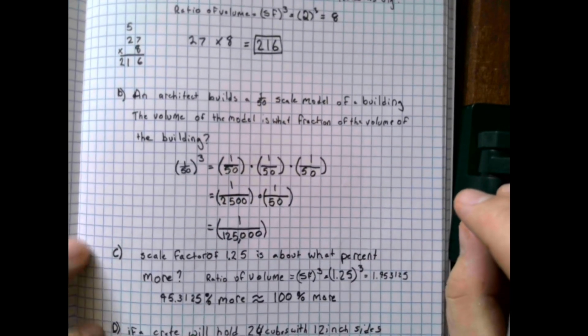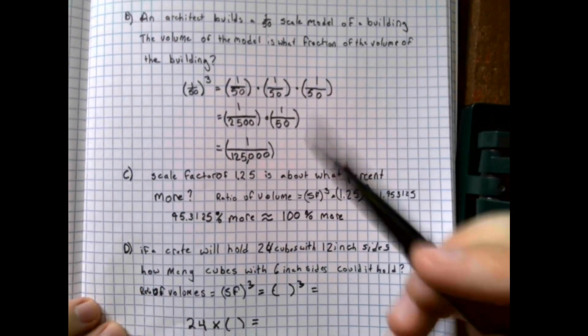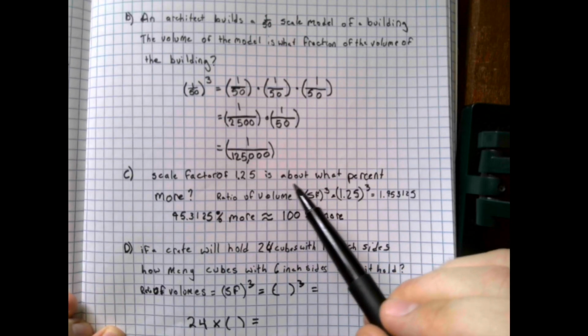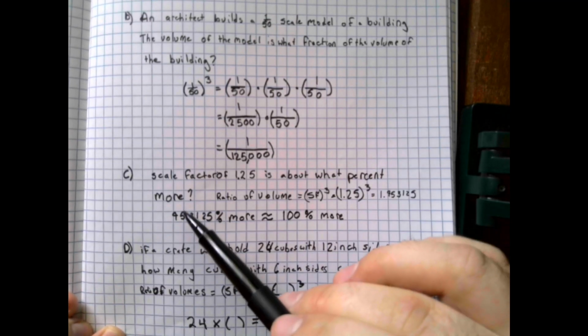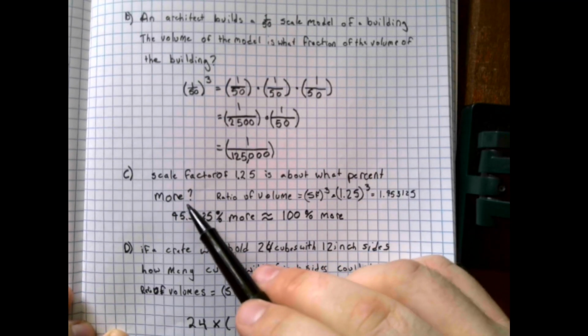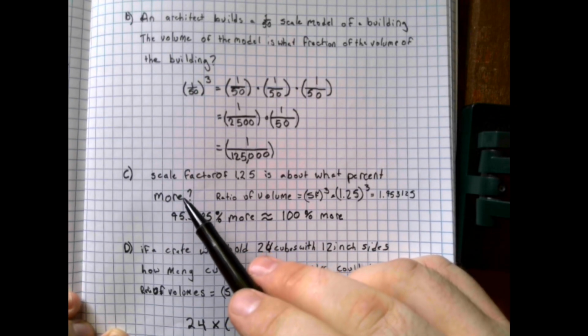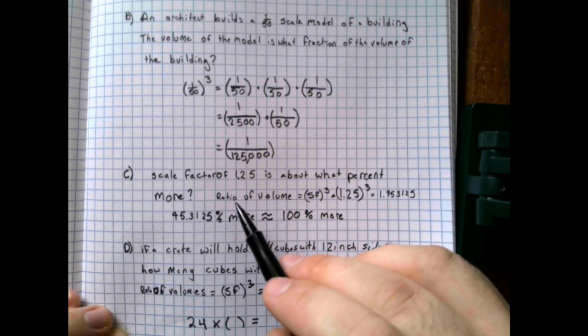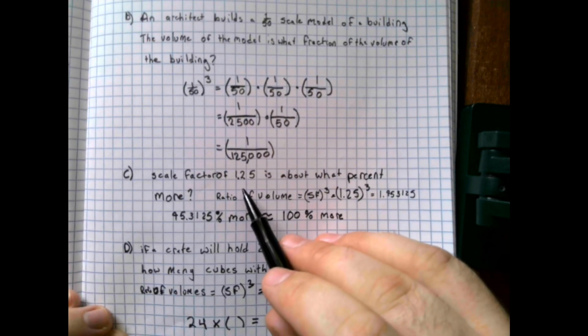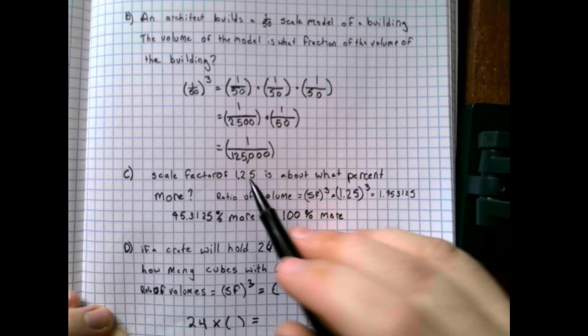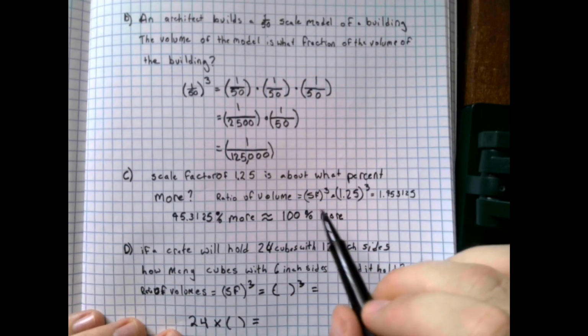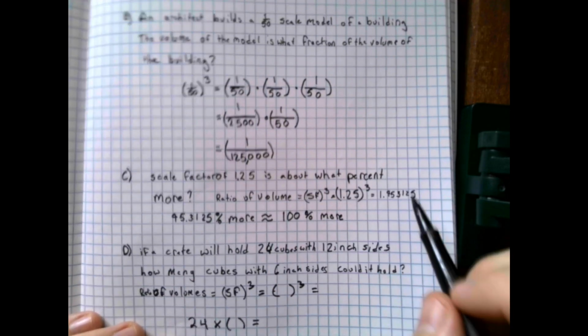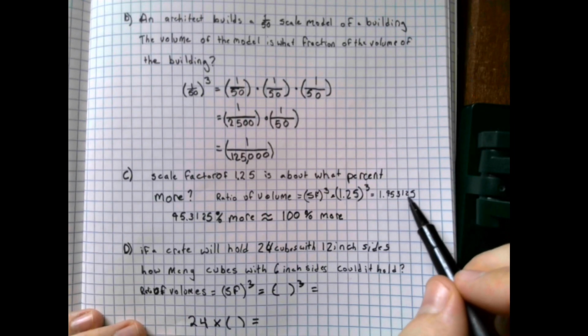For practice set problem C, it says a scale factor of 1.25 is about what percent more? Now remember that percent more means we're going to take the percentage it would be and subtract 100. So if we have a scale factor of 1.25, which is 25% increased, then we're going to do 1.25 to the power of 3, which is 1.953125.